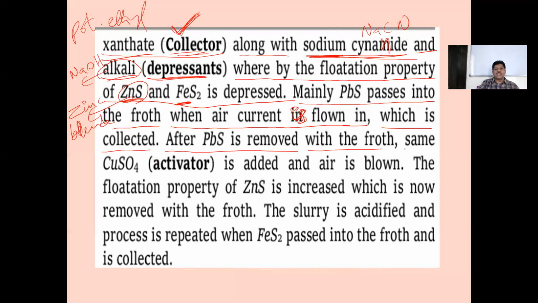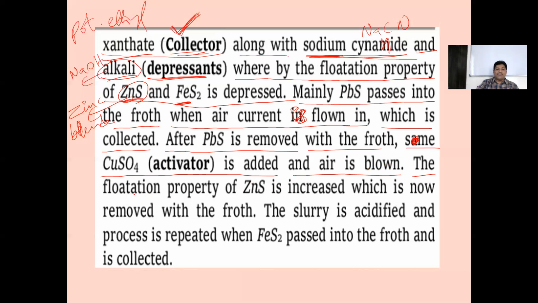So after PbS is removed, some amount of copper sulfate activator is added. What will be added? Some quantity of copper sulfate activator is added, and air is again blown. When air is blown again, froth will form. The froth will bring ZnS to the surface now.